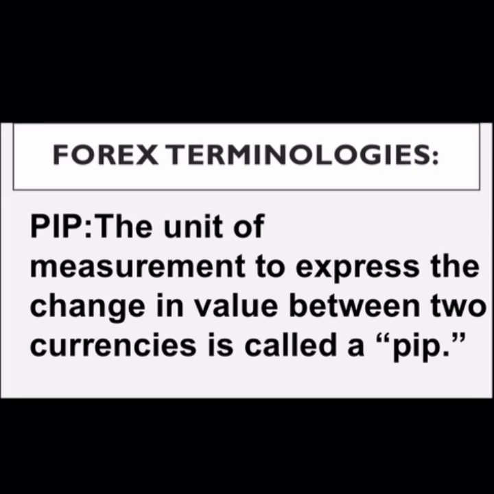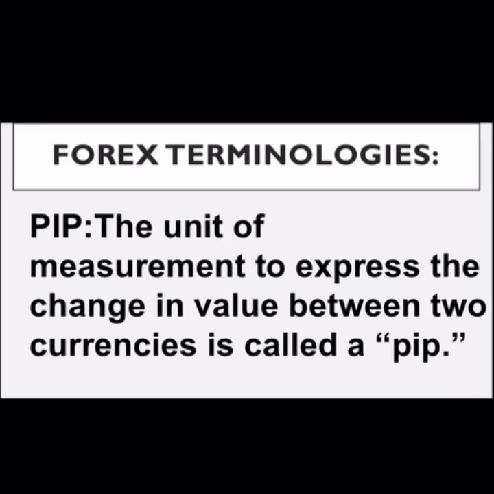Those are units of measurement. So here in forex, the unit of measurement for the price movement is called pips. When price moves upward, we use pips to calculate it. When price comes down, we use pips to calculate it. So your unit of measurement to express the change in value between two currencies is called a pip.